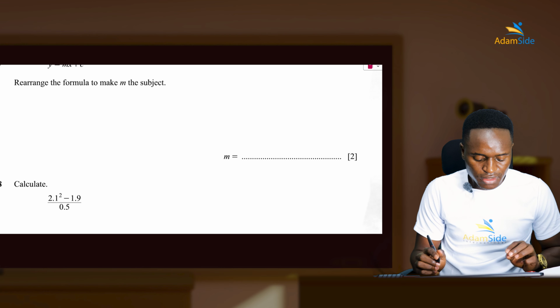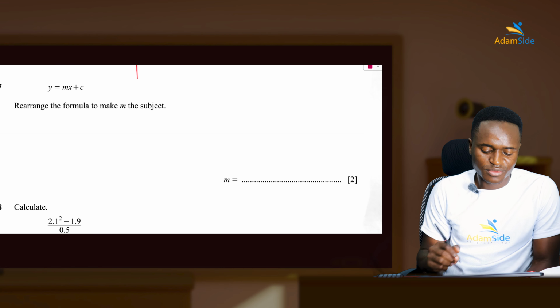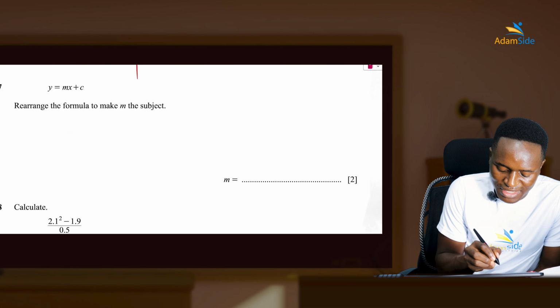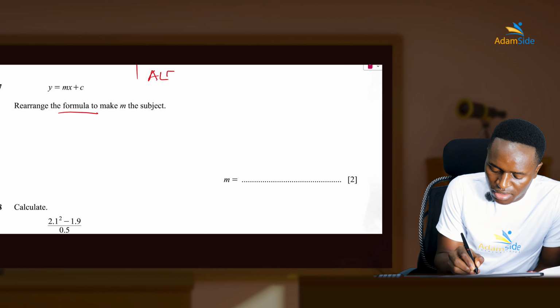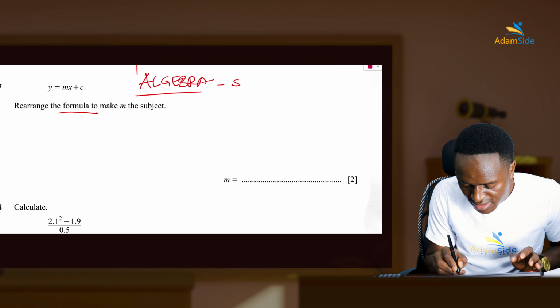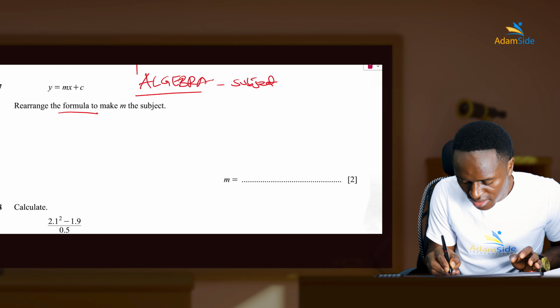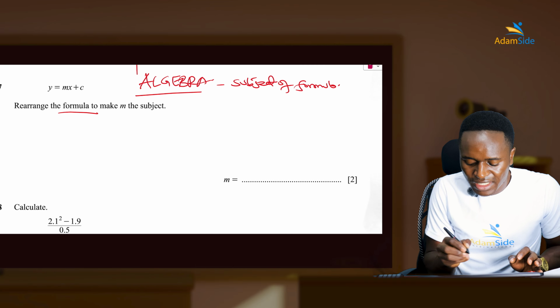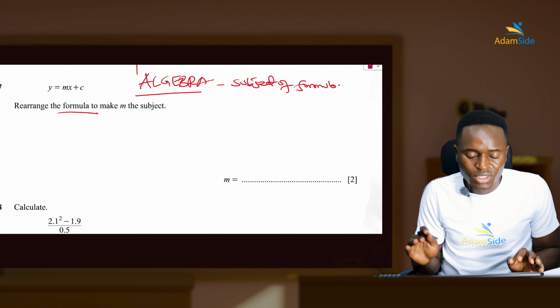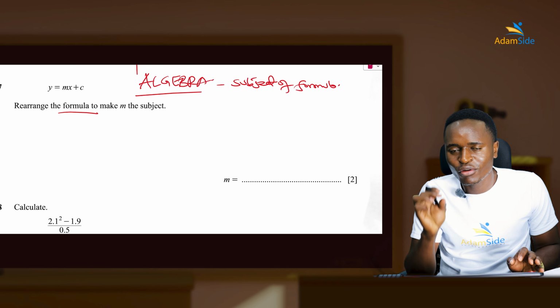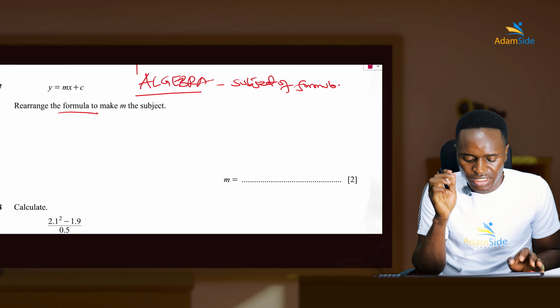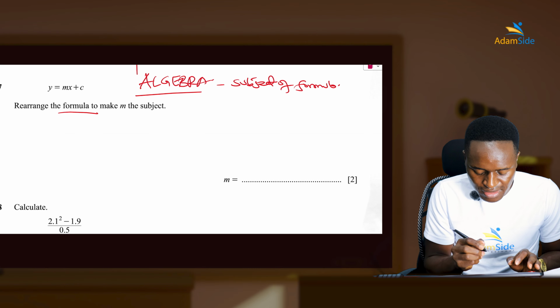Question number 7. Very easy. Subject of a formula. They say rearrange. It comes from the unit of algebra. Making something the subject, you need to revise. It's one of the highly tested concepts in your final IGCSE exam.